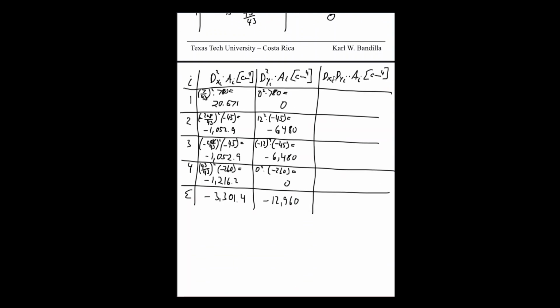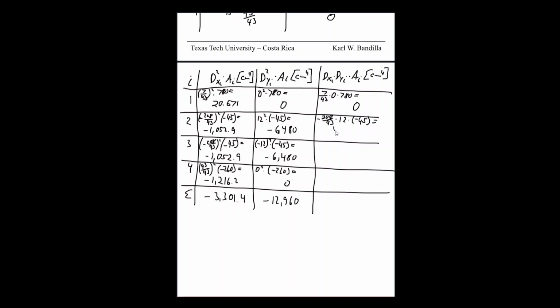Now, dx dy would be 7 over 43 times 0 times 780. There right away, that's 0. Then minus 208 over 43 times 12 times minus 45. Let's just write those in there.